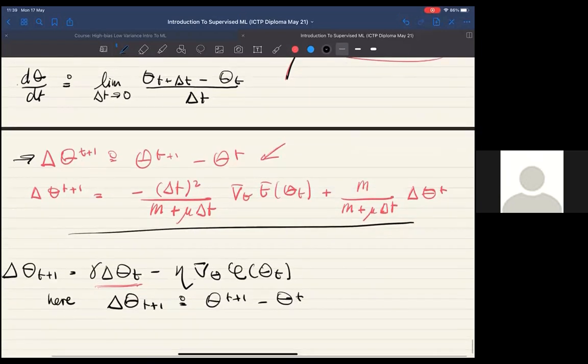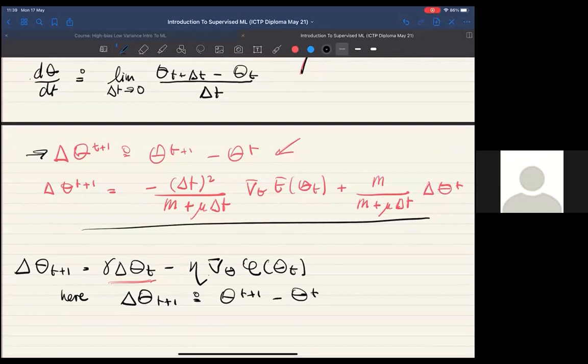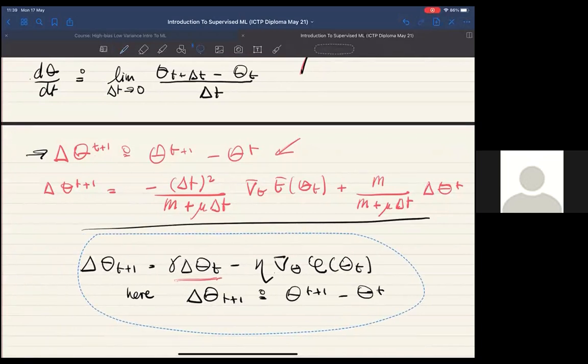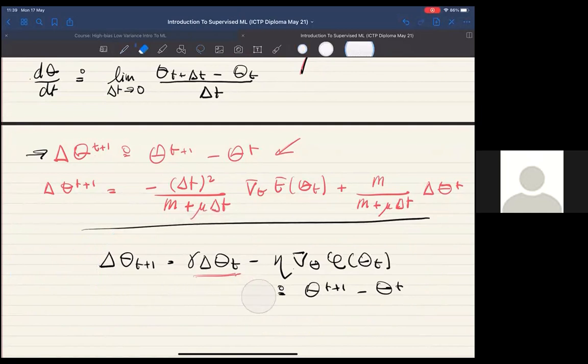And now let's compare with what we have here. So what is the mapping?